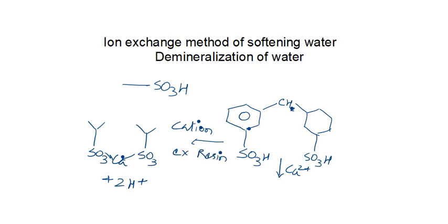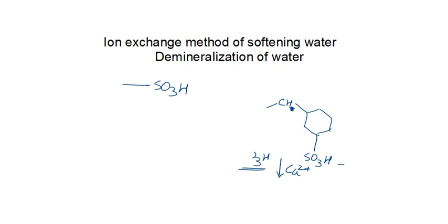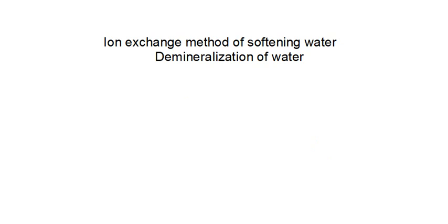Here the strongly acidic group SO3H is there. So the resin may have a strongly acidic group like SO3H. This is one type of resin. We list them down. Strongly acidic resins have the SO3H group.